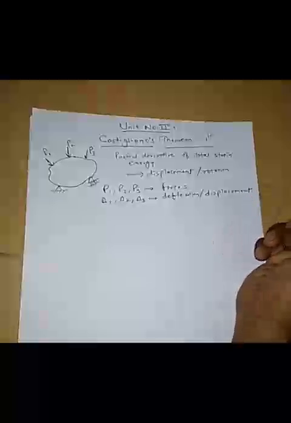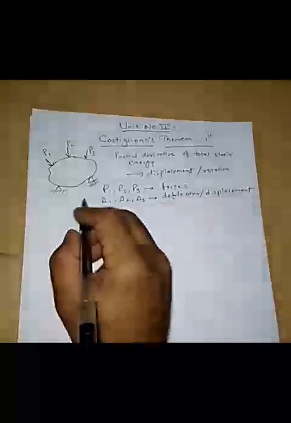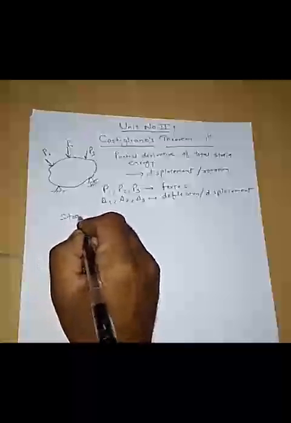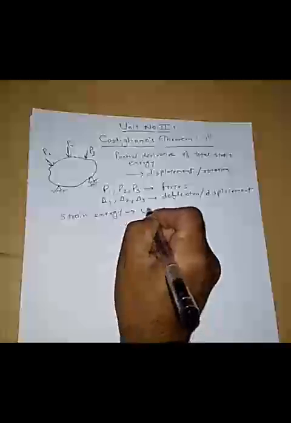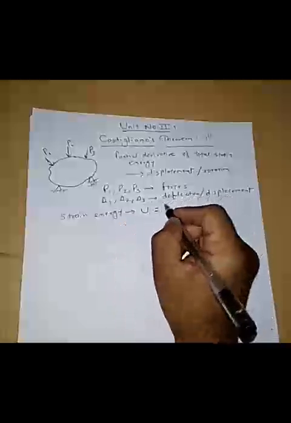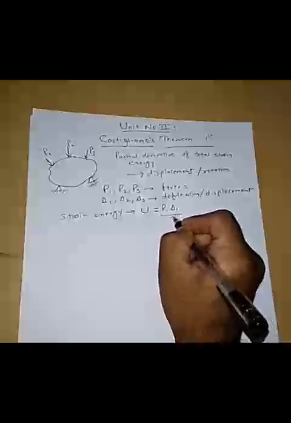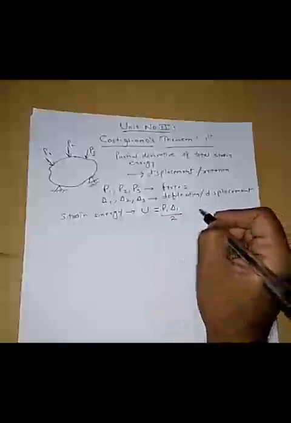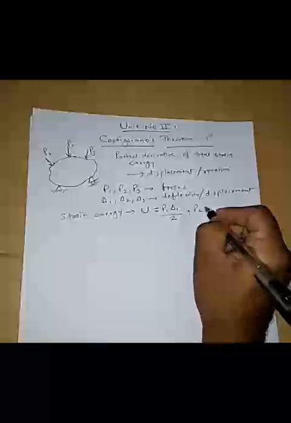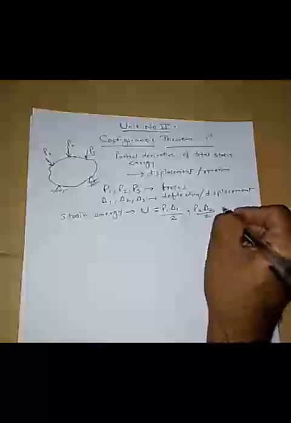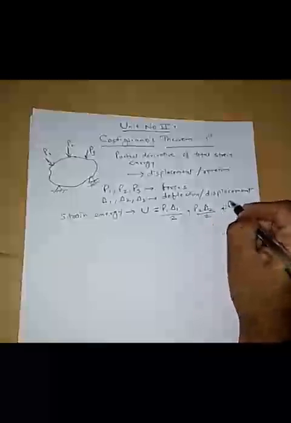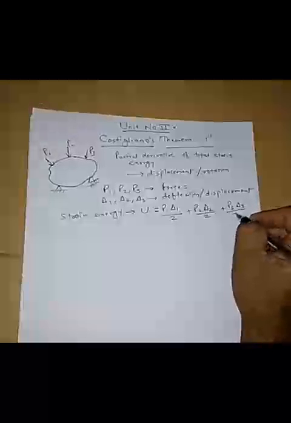In that case, this strain energy will be equal to U equals P1 into delta 1 divided by 2 plus P2 delta 2 divided by 2 and P3 delta 3 divided by 2.